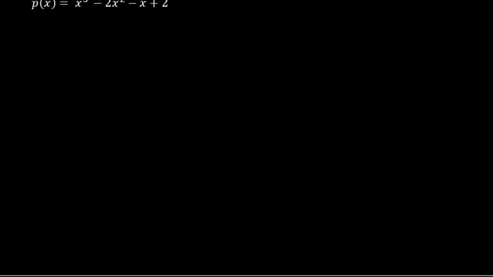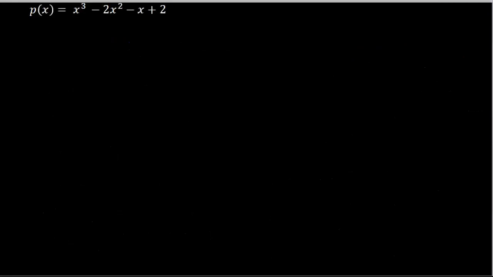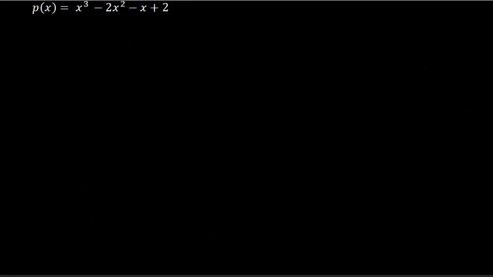So here, our polynomial is x cube minus 2x square minus x plus 2, and we want to find all the zeros of this polynomial. So how can we find all the zeros of this polynomial?